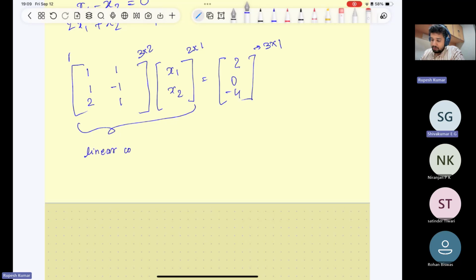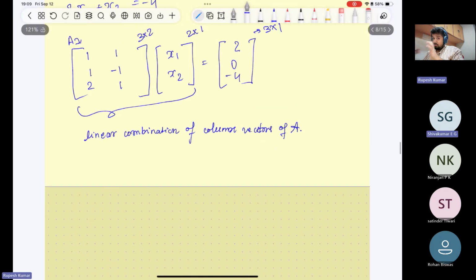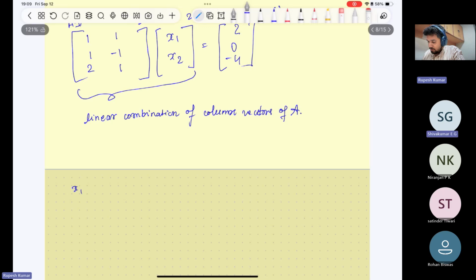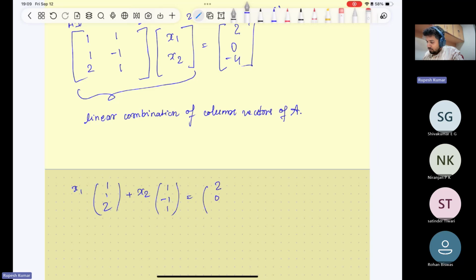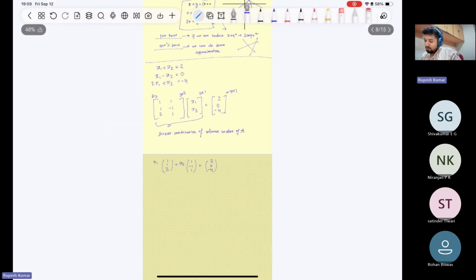So let's call this matrix A, the linear combination of column vectors of A. So I'm saying x1 multiplied by [1, 1, 2] plus x2 multiplied by [1, minus 1, 1]. Can we get the vector [2, 0, minus 4]? Can we go from here to here? So let's look geometrically at what is happening, right?